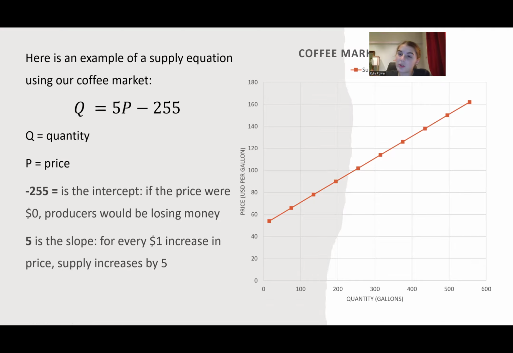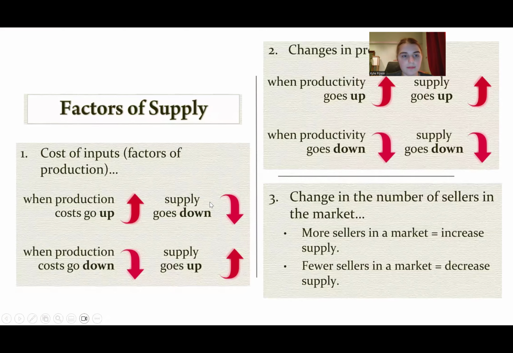So we're going to quantify that with a negative. Our slope, though, is positive, right? So we have that upward slope, upward trend. That means every $1 increase, for example, our supply is going to then increase by 5. So price goes up, supply goes up.